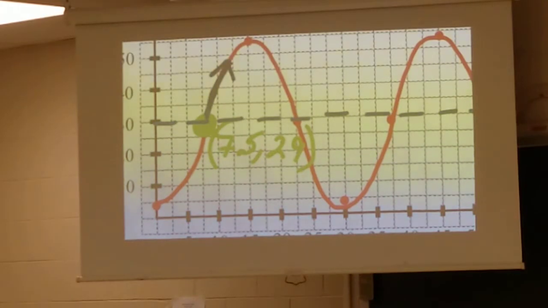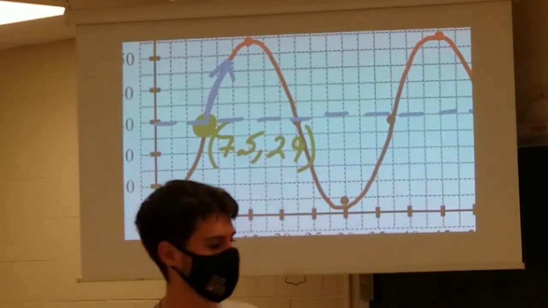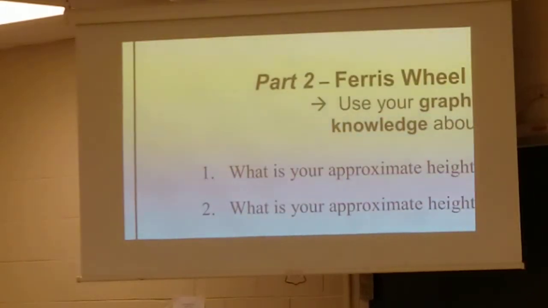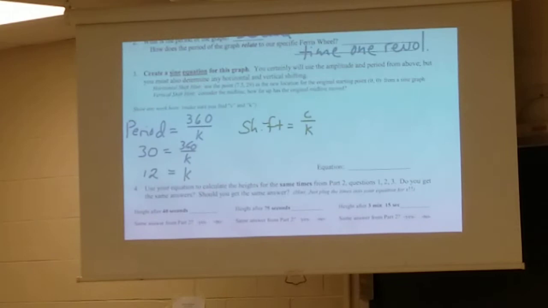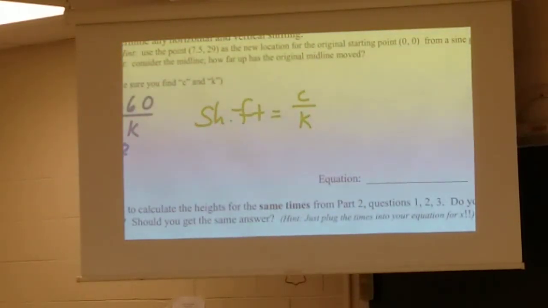So 7.5, comma, 29. That's an important point. It's the shift point. Do you realize that that then represents the shift? I can actually plug in the number 7.5 for the shift. Yes, I can plug in 7.5 for the shift.